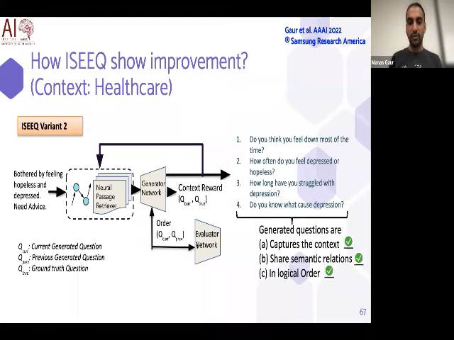So the evaluator network that you see over here is nothing but a network trained on a dataset that introduces this kind of entailment behavior. For that we use the Stanford Natural Language Inference dataset. You can actually use some domain specific datasets as well, like MedNLI for medical natural language inference.